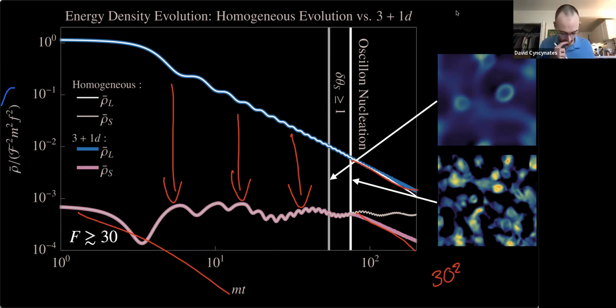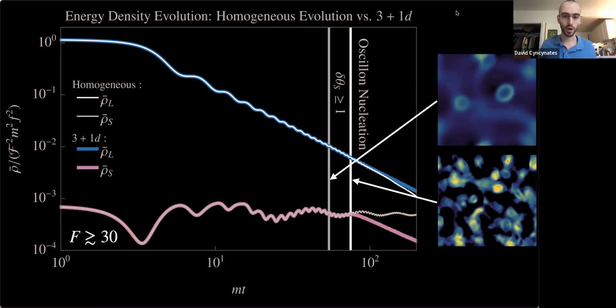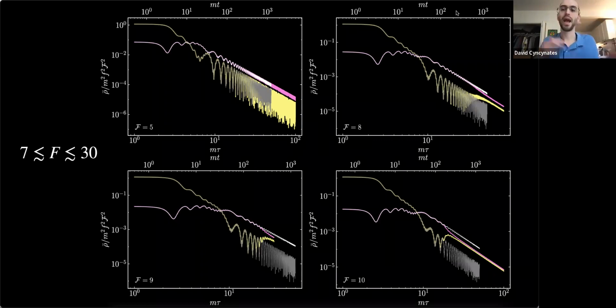Okay. So as I just mentioned, if the decay constant ratio is bigger than about 30, oscillons nucleate during autoresonance, disrupting the autoresonance. But what if oscillons nucleate after autoresonance? This happens for decay constant ratios between about 7 and 30.